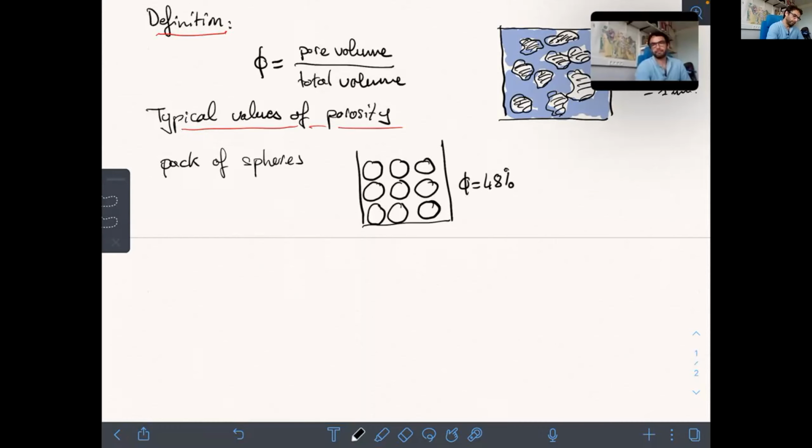Now, if you shake the spheres, they will tend to arrange in a different way. So they will minimize the space between them, and they will be more like this. Okay, so here we see that we have less space. Okay, and in that case, the porosity is known to be 26% for a perfect arrangement of spheres.